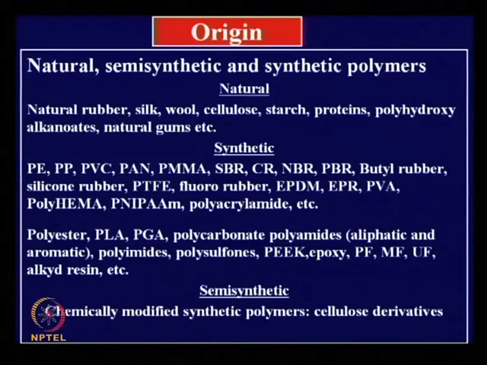If time is permitted, I shall discuss something about petrochemicals. What are petrochemicals? How these polymeric raw materials or monomers are obtained from petrochemicals, I will discuss. Some of you might have read this in your previous course. Since these are prepared by synthetic route, by artificial means in the laboratory, in the industry, in polymerization reactors, we call them synthetic polymers.